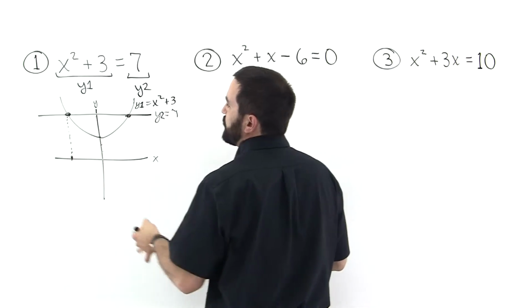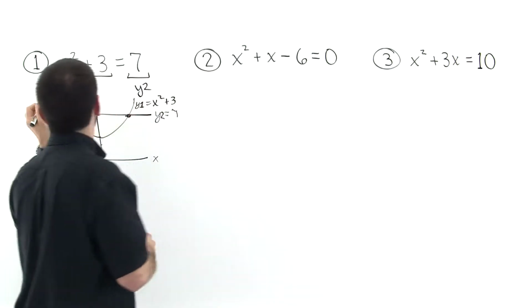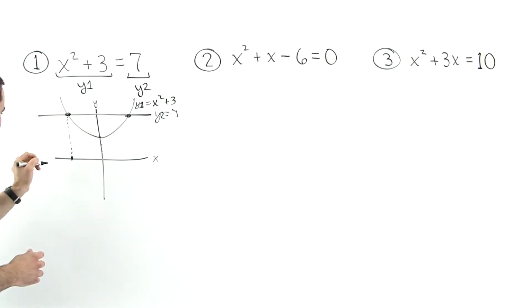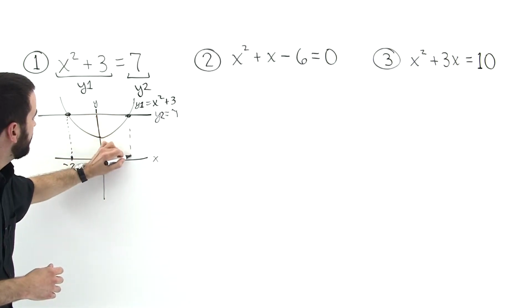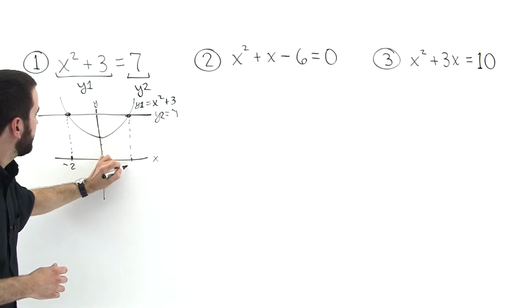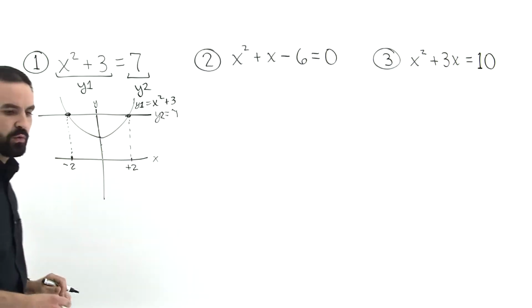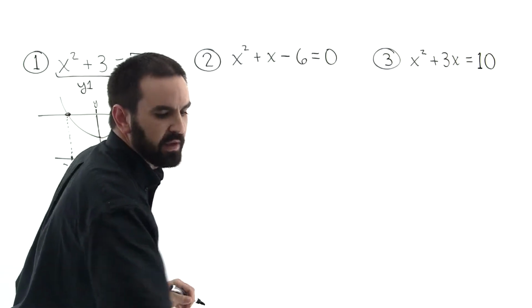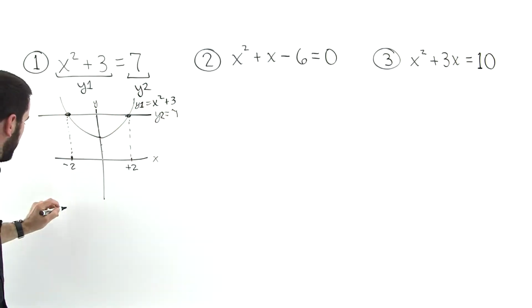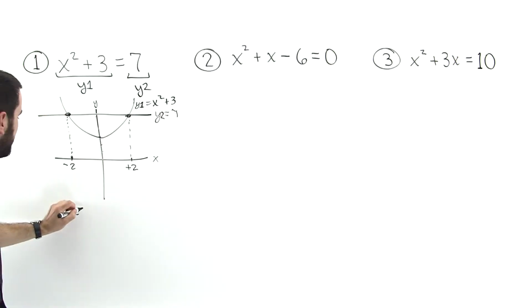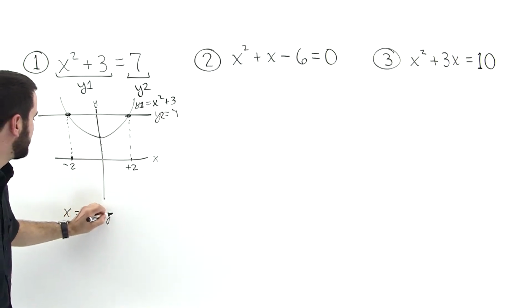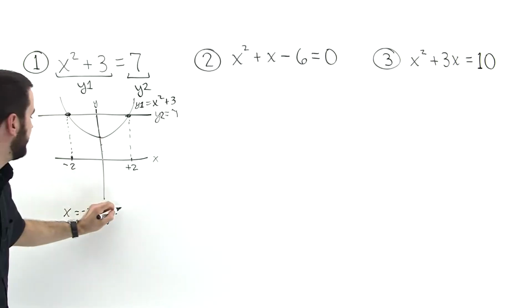Whenever you use the intersection function in your calculator, you will get, for this one, minus 2, and over here, you will get plus 2 for the x values. Whenever you use the intersection function right here, you'll get x equals minus 2 and y is equal to 7, obviously.